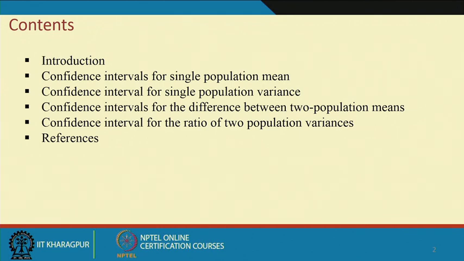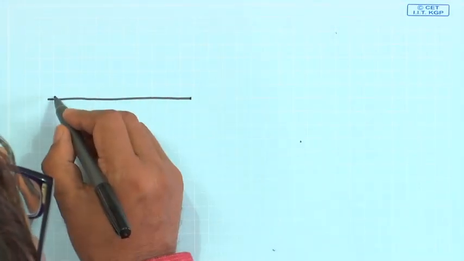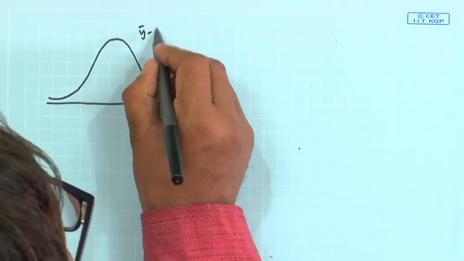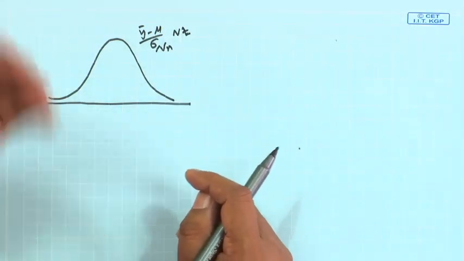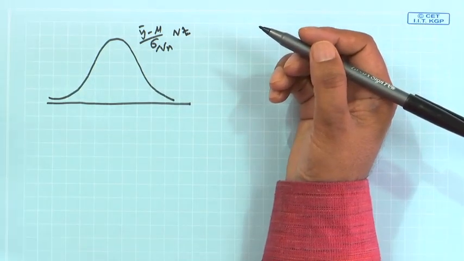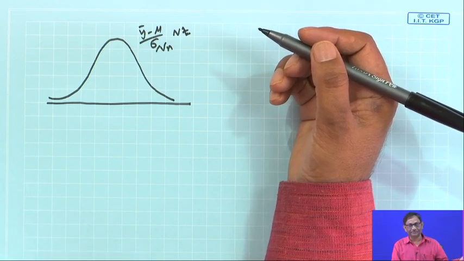So, if I quickly recapitulate what we have discussed from the confidence interval point of view with reference to a single population mean, I said that the quantity y bar minus mu by sigma by root n follows the z distribution. When it will be z and when t, I have already discussed; you can see the first few slides of my previous lecture.